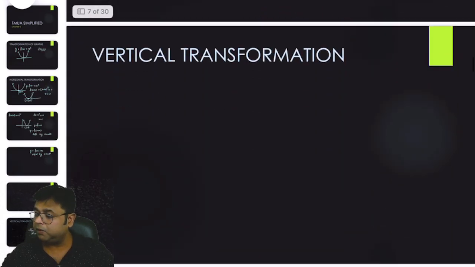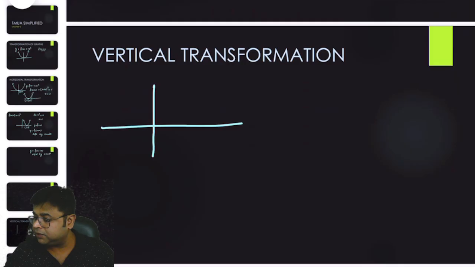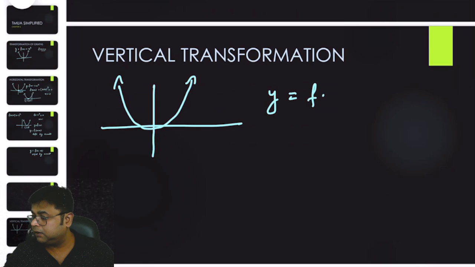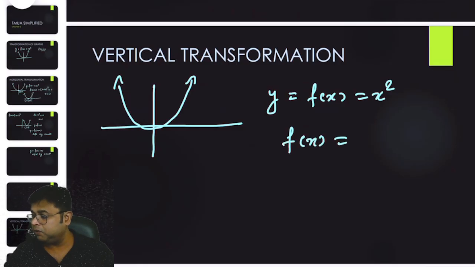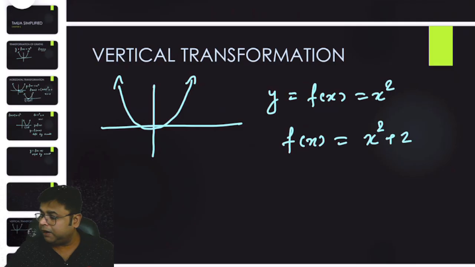Now suppose we talk about vertical transformation. If we have the same graph, y = f(x) = x squared, what is the graph of f(x) = x squared plus 2? Now I can see that when x was 0, y was 0. Now when x is 0, y is 2.